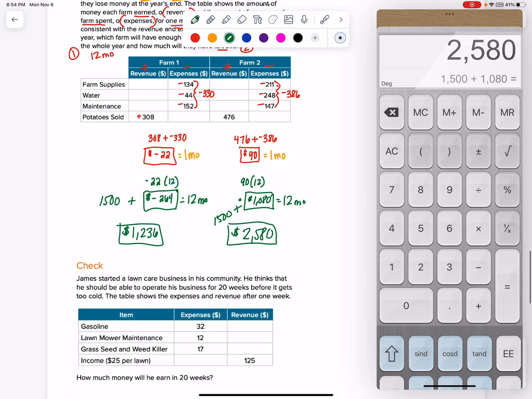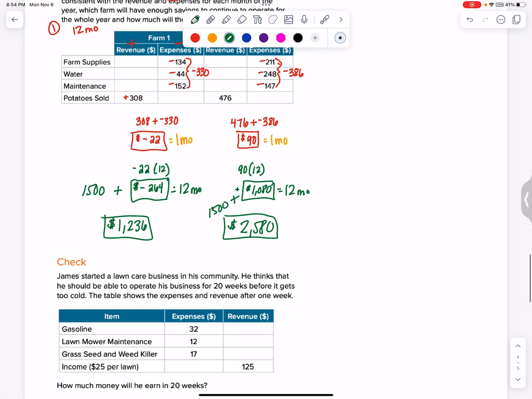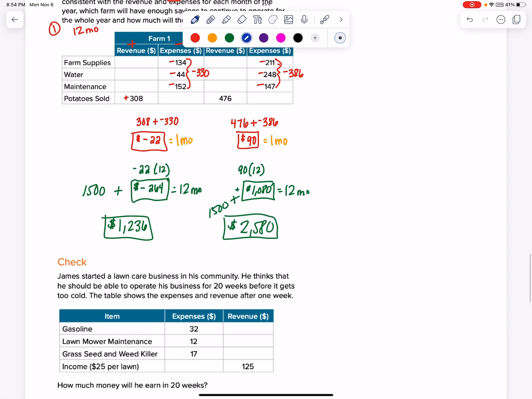So let's go ahead and try to answer our question here. They both will have enough money.